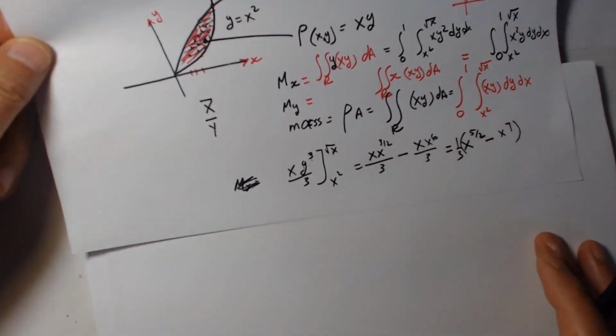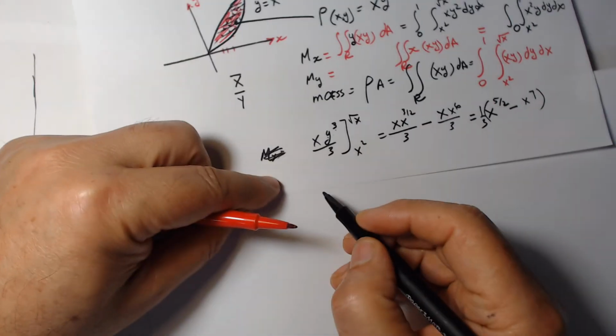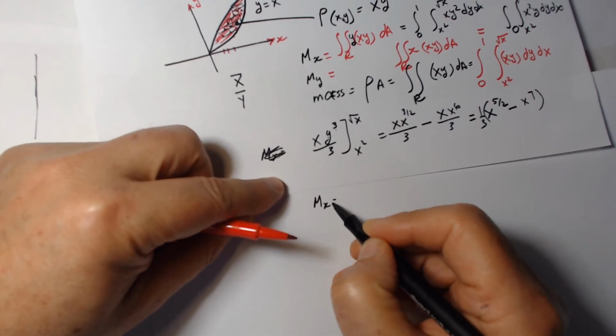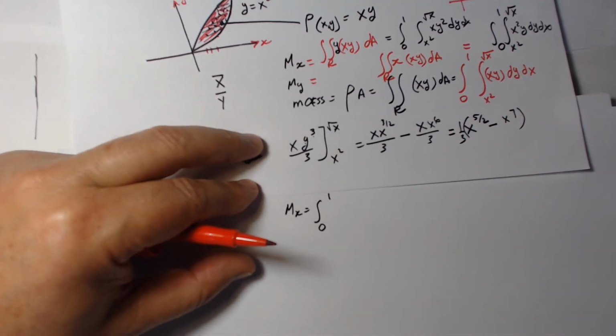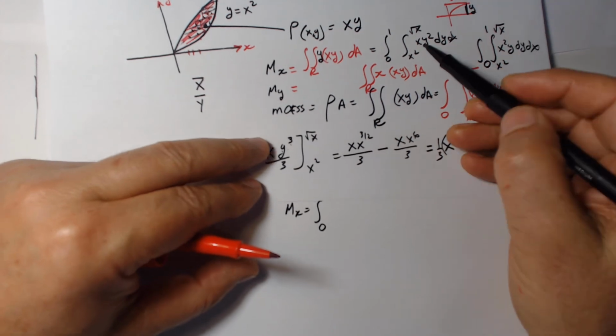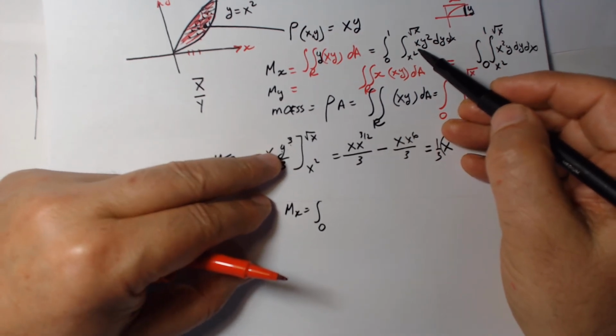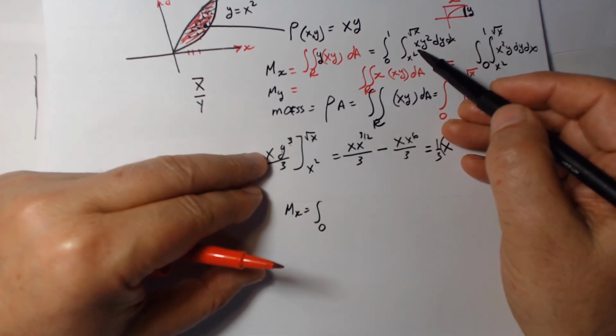Then I have to do the outer one. Therefore, the moment about the x is from 0 to 1. And remember, I already took care of that x because I kept my x right here.